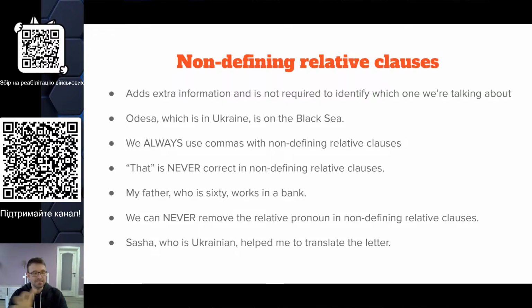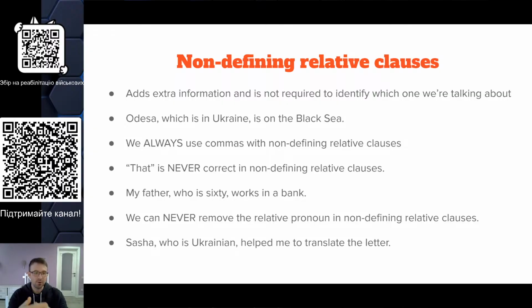And this is the main, or one of the main differences between non-defining and defining relative clauses. So if the information is extra and we don't need it for the sentence, we always use commas. But if the information is needed, if we need this information to know which one we're talking about, we never use commas. So this is one of the principal differences between them, is with the commas.